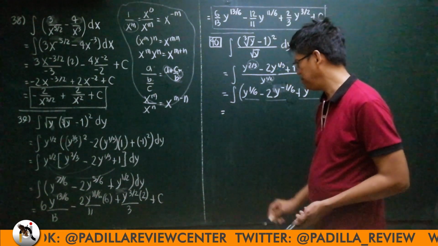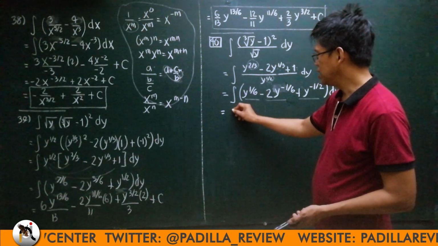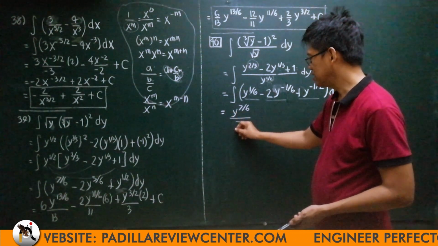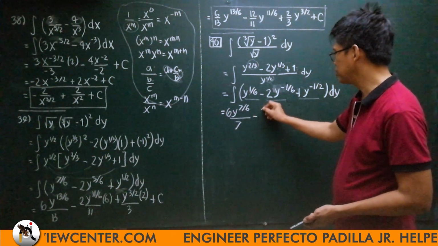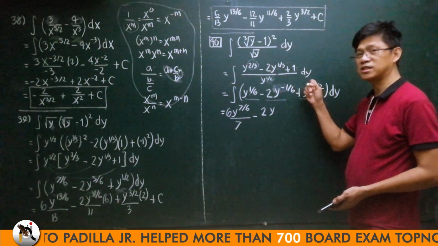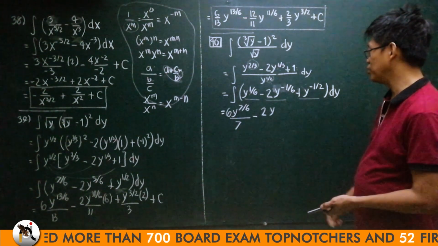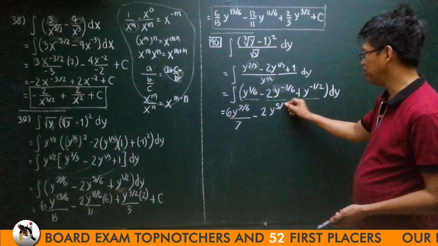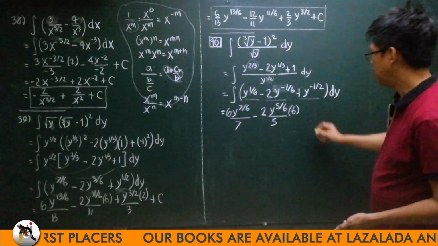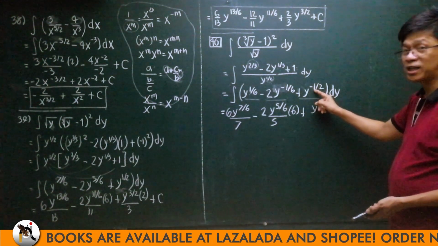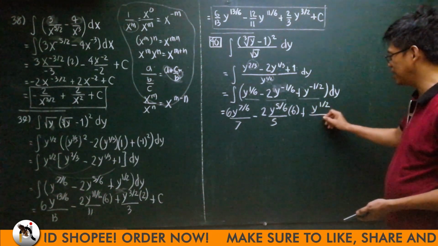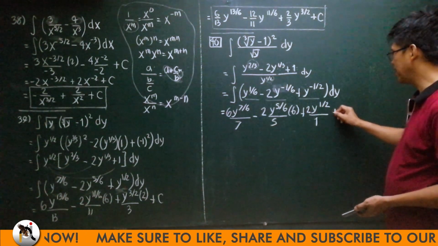So this is going to be the integral of this is y to the 1/6 plus 1, 7/6 over 7/6, minus 2 integral of this is y to the minus 1/6 plus 1, so this is going to be 5/6 over 5/6, plus y to the minus 1/2, integral minus 1/2 plus 1, positive 1/2 over 1/2, plus c.